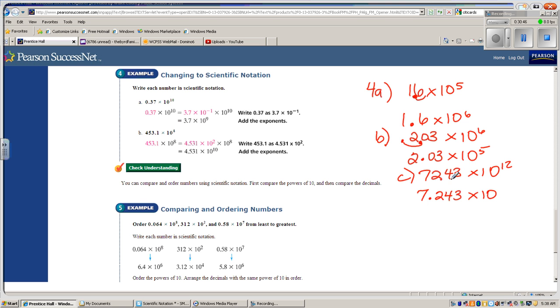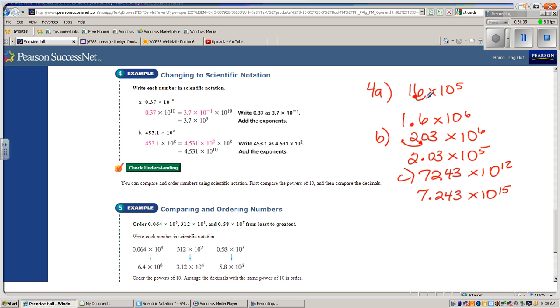We've moved it 3 units to the left, so we're going to add 3 units to 12, bringing that to 10 to the 15th power.